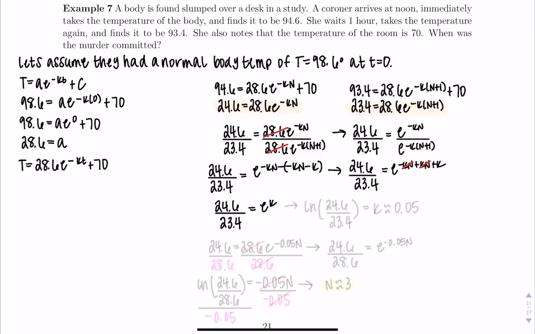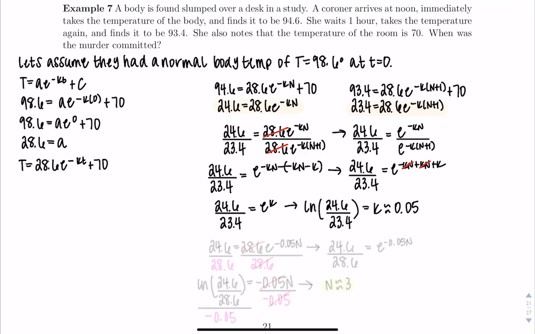To find k, we're just going to take the ln of both sides. So ln of 24.6 over 23.4 equals k, and that's approximately 0.05.